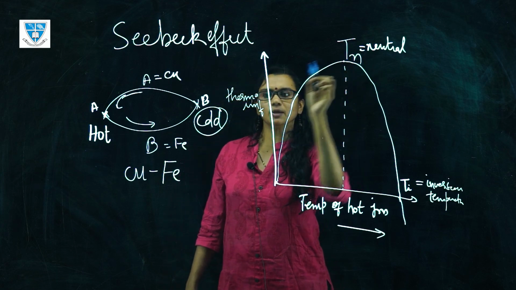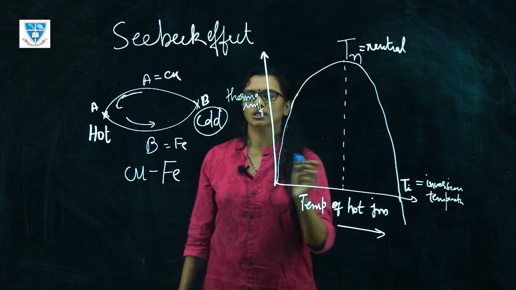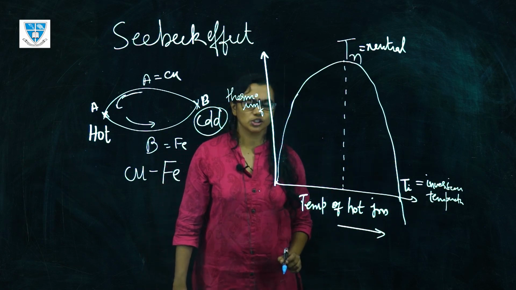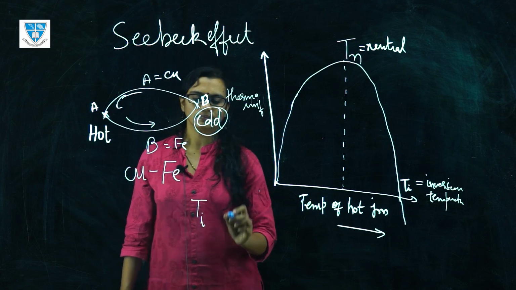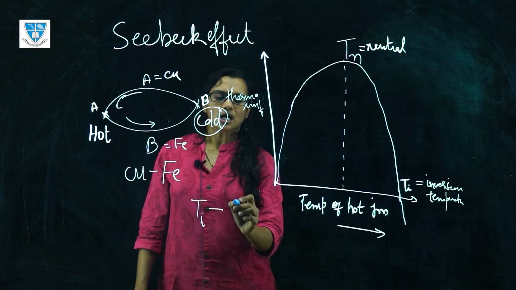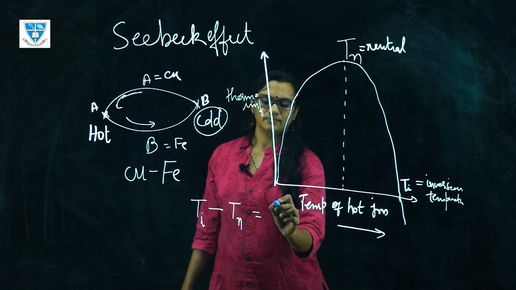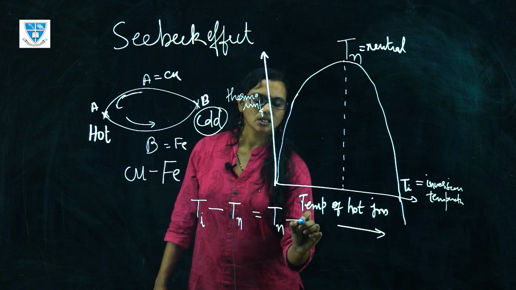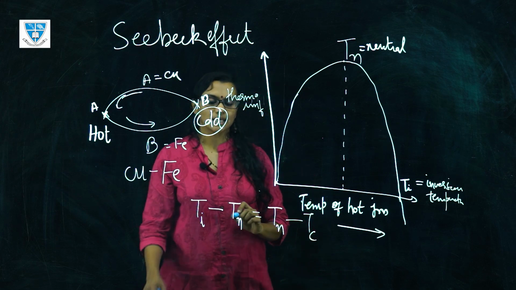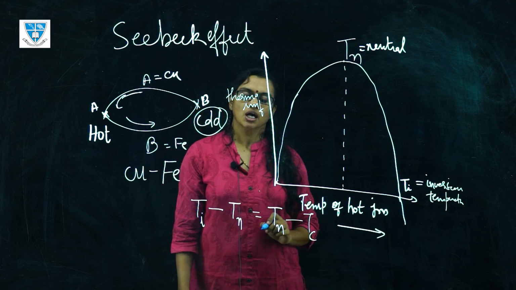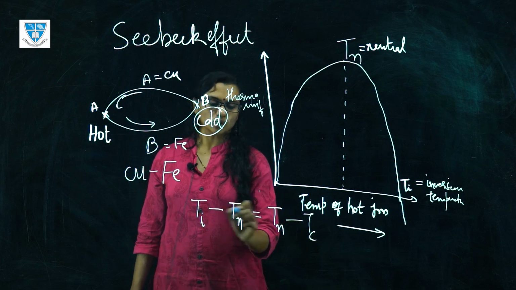So it is independent of the cold junction, whereas the temperature of inversion depends upon the cold junction by the relation that the temperature of inversion is as much above the neutral temperature as the cold junction is below it. So this is the relation.